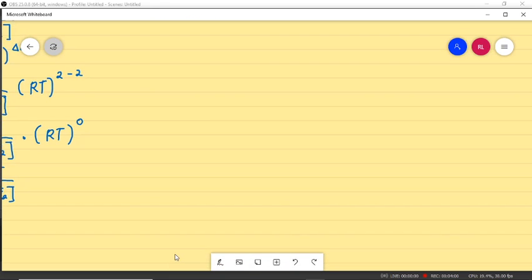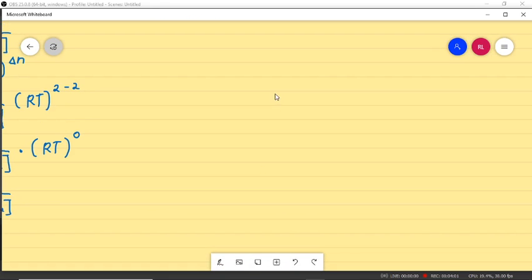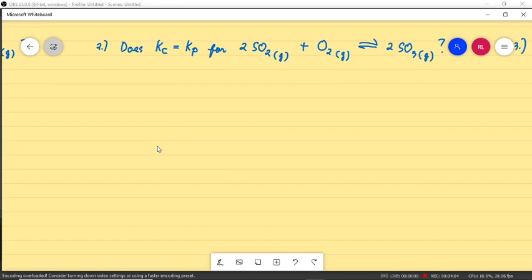Let's proceed to the second example. Is K sub C equal to K sub P for the reaction of 2 moles of sulfur dioxide and 1 mole of oxygen gas to form 2 moles of sulfur trioxide gas?